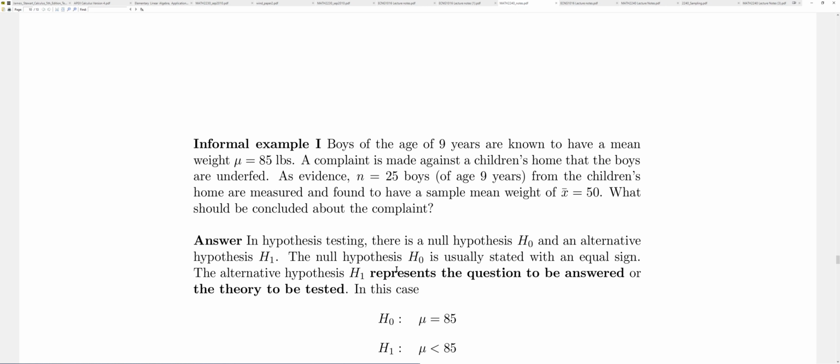So for this setup with a null hypothesis and an alternative hypothesis, you decide around this H0. The two things you can decide are whether you reject this H0, which means the evidence is stating that this claim H0 is false, or you do not reject H0.